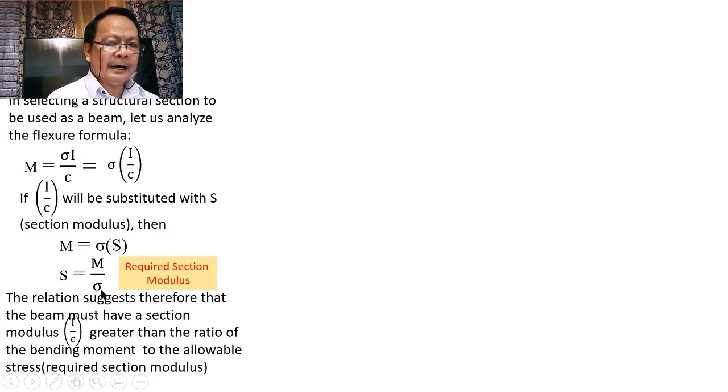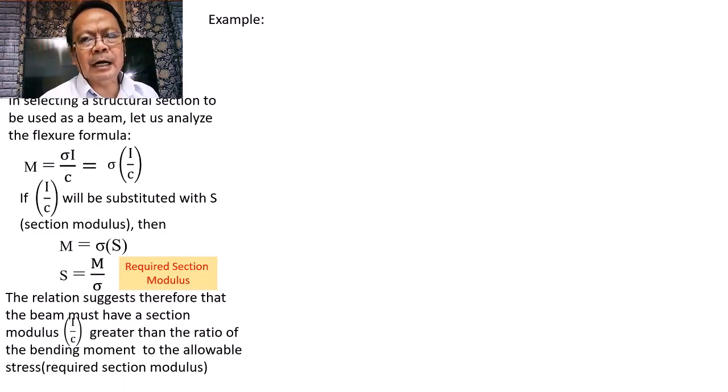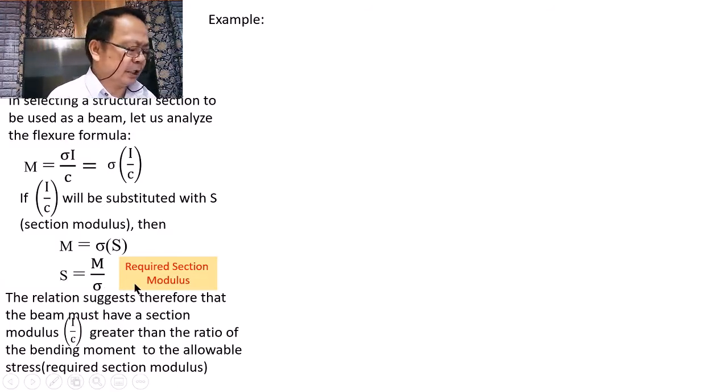Diba? Para hindi masira yung beam na gagamitin natin. Diba? Sa makatwid, kinakailangan nating maghanap ng section modulus that will be greater than the required section modulus of the beam. At para mas lalo nating maintindihan yung paggamit, yung interpretation to at yung paggamit, magbigay tayo ng isang halimbawa.